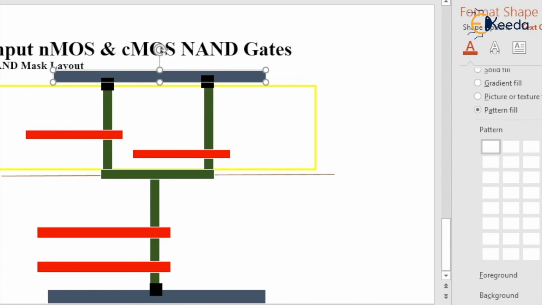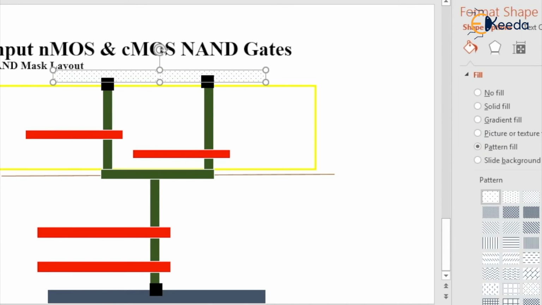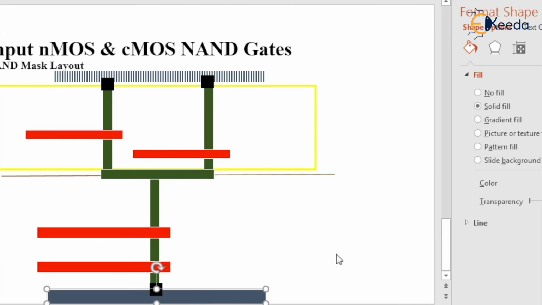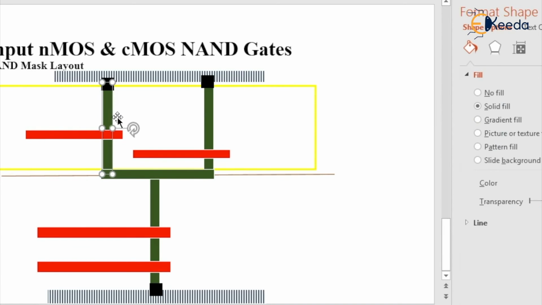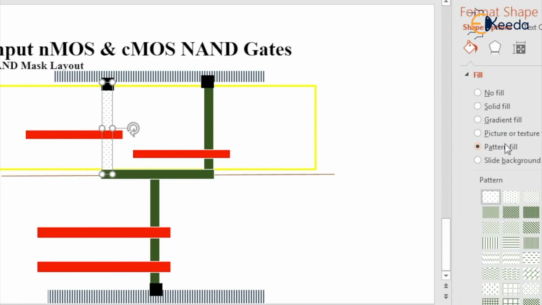So we know the patterns, right? Now see here, this is our pattern of our metal. Similarly, for this also, simply pattern fill metal with some vertical lines. Since both are metal wires, metal supply rails, metal one is considered here, and this is P diffusion pattern fill.